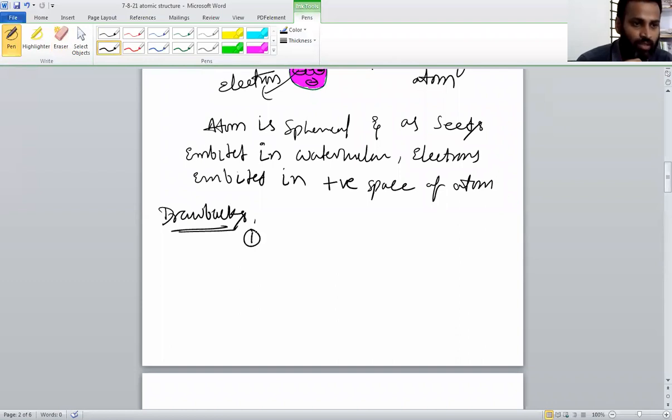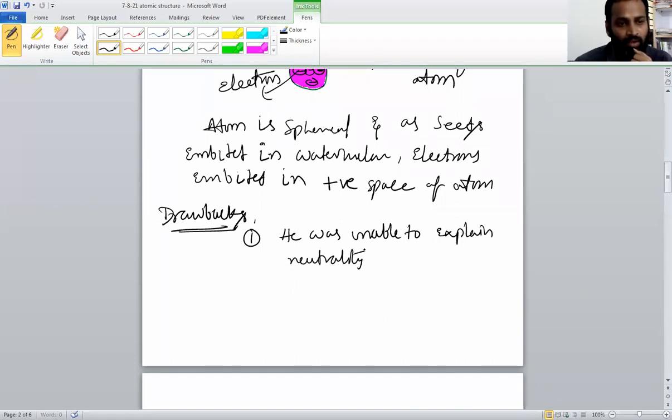The first one: he was unable to explain the neutrality of the atom, because the neutron was not explained. So how the neutrality of the atom exists, he was unable to explain, and he was also unable to explain the stability of the atom.